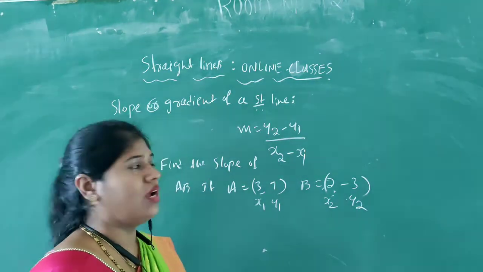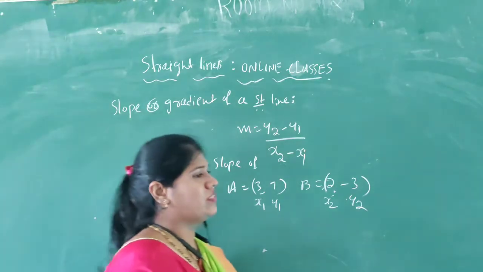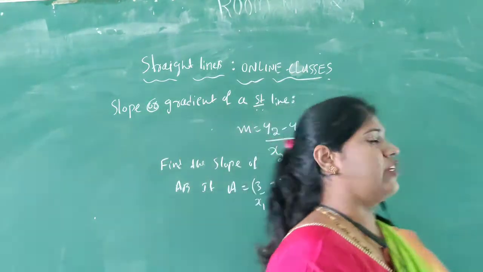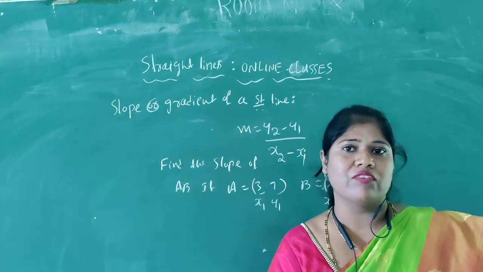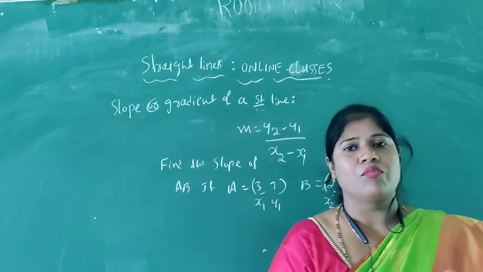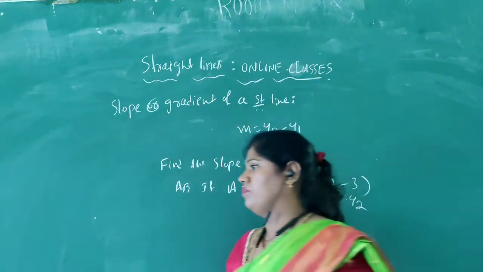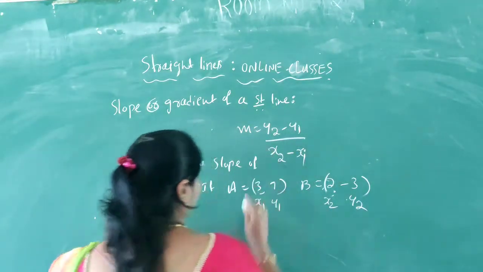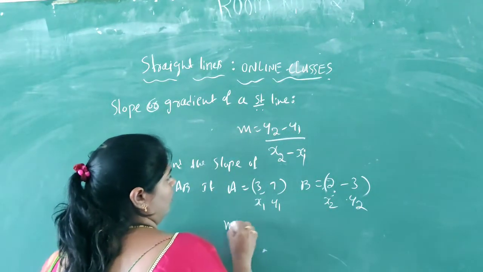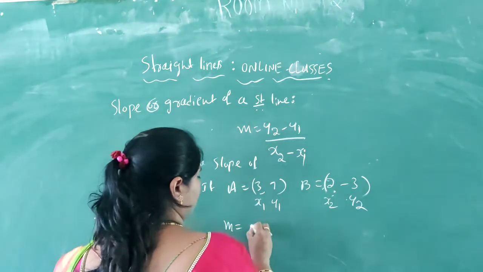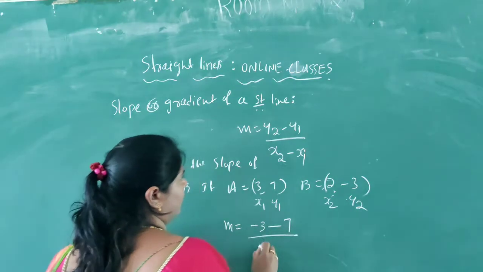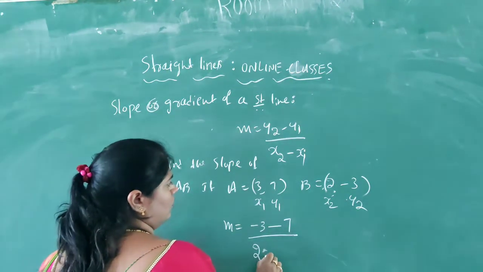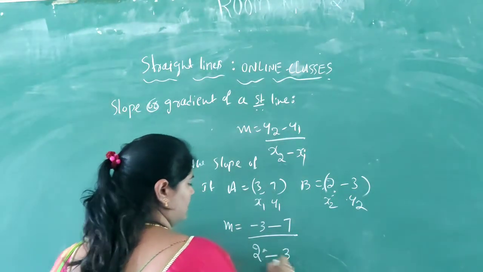What is the formula? M is equal to y2 minus y1 divided by x2 minus x1. This is the equation of the line joining the points. So substitute here. M is equal to, y2 is minus 3, minus y1 which is 7, divided by x2 which is 2, minus x1 which is 3.